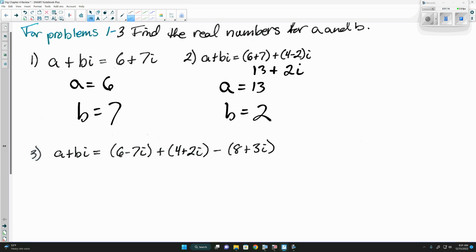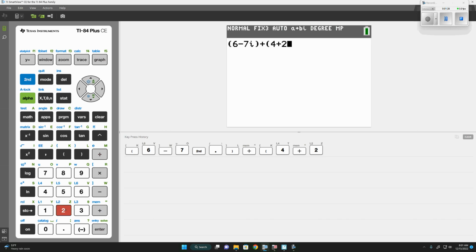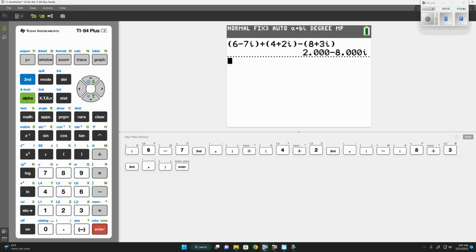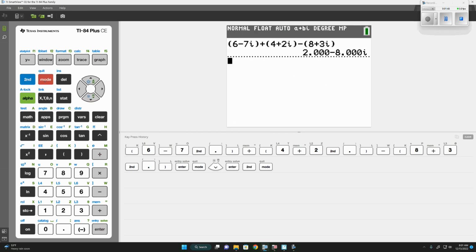Even if we look at number 3, well, we can grab the graphing calculator because it'll deal with i. We can say parentheses 6 minus 7i plus 4 plus 2i minus 8 plus 3i. So we can type that in and get our answer. Well, I still have it in. Let's turn it back to float. 2 minus 8i is what we get.